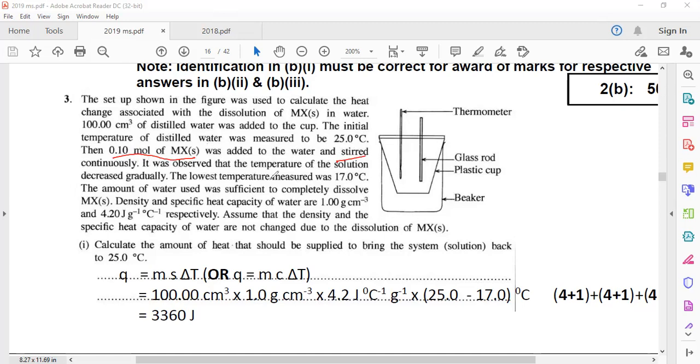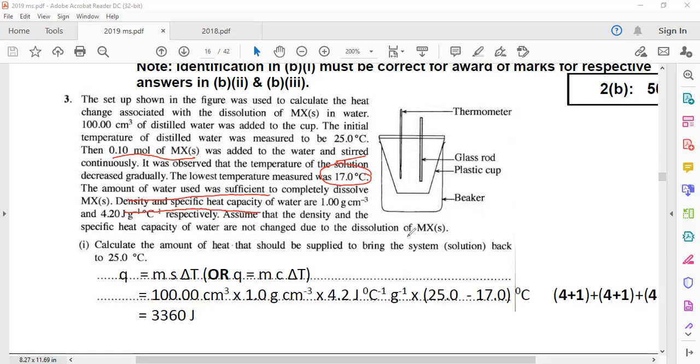So after continuous stirring, what happened? The temperature decreased gradually up to 17 degrees Celsius, right? And they said the amount of water was sufficient to completely dissolve that MX solid, right? And they have given the density and the heat capacity of water.